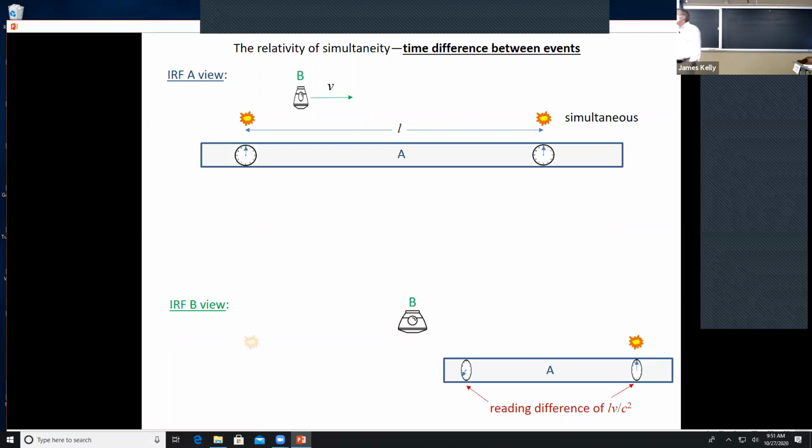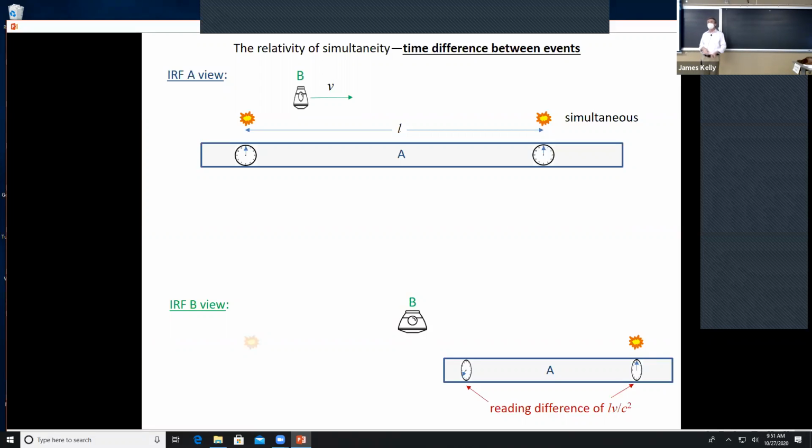Here is something that we've already alluded to, but it's a slightly different formula, and often this is the thing we want to know. It's nice to know how much the clocks' readings differ, but often we want to know how long we have to wait for two things to happen.